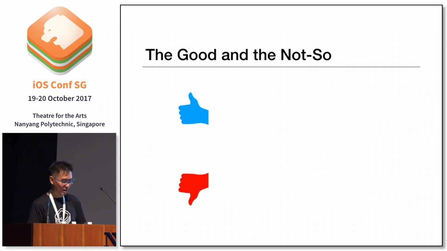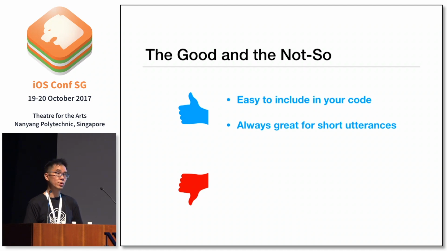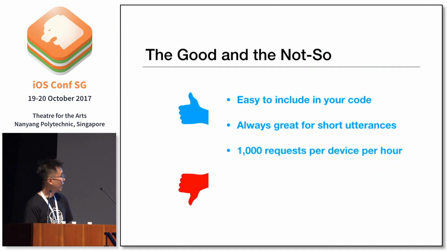Okay. So, what's good about the Speech Framework and what's not so good? The good thing is that it's really easy to include it in your code, and it's always great for short utterances. Apple, based on the last I checked yesterday, they actually provide 1,000 requests per device per hour. That's a lot. Okay, that's really generous.